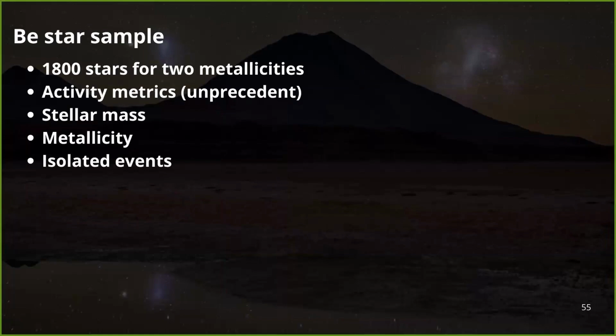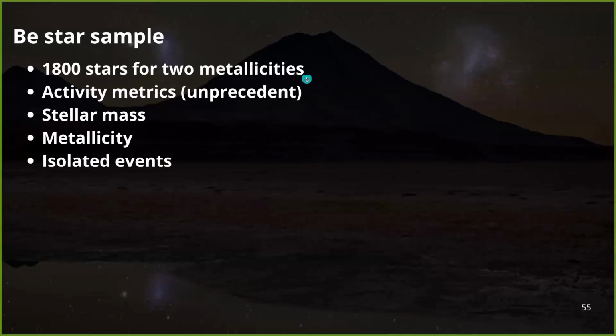After removing the eclipsing binaries and the light curves that do not show photometric variation, we have a sample of almost 2,000 B stars with 2 different metallicities.